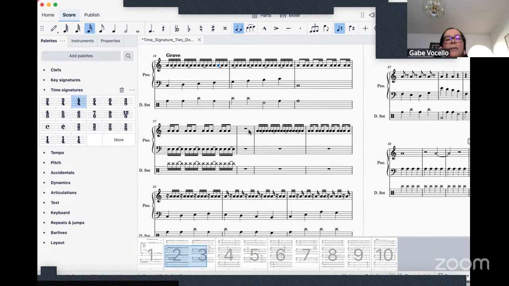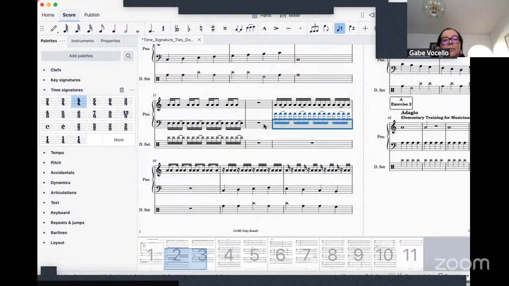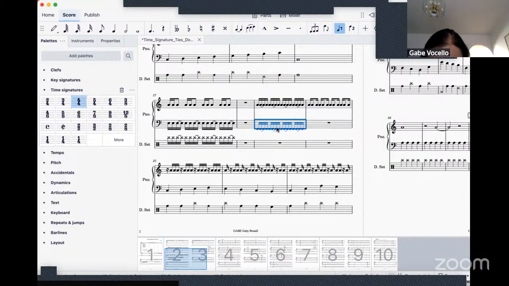If I have a, let me just copy here. I'm going to type 3/16 note.